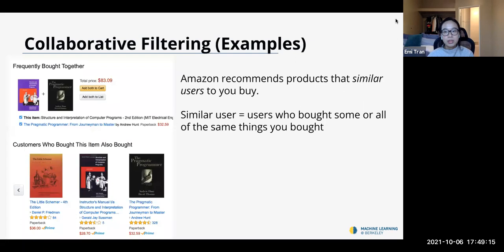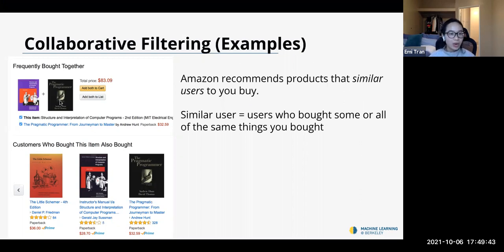So what are some examples of collaborative filtering? I just took an example from Amazon. If you already use it, usually after you buy a product, it recommends products that similar users would buy. What does that mean?